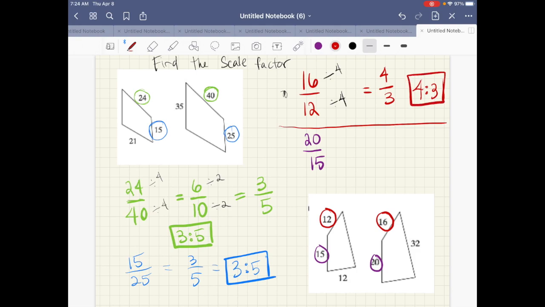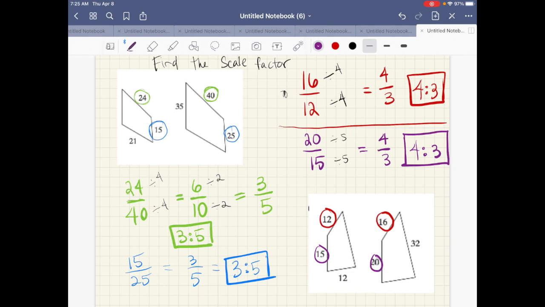So then this last one, these are both divisible by 5. Pretty easy stuff here. So 20 divided by 5 is 4, and 15 divided by 5 is 3. Again, that gives us a 4 to 3 scale factor.